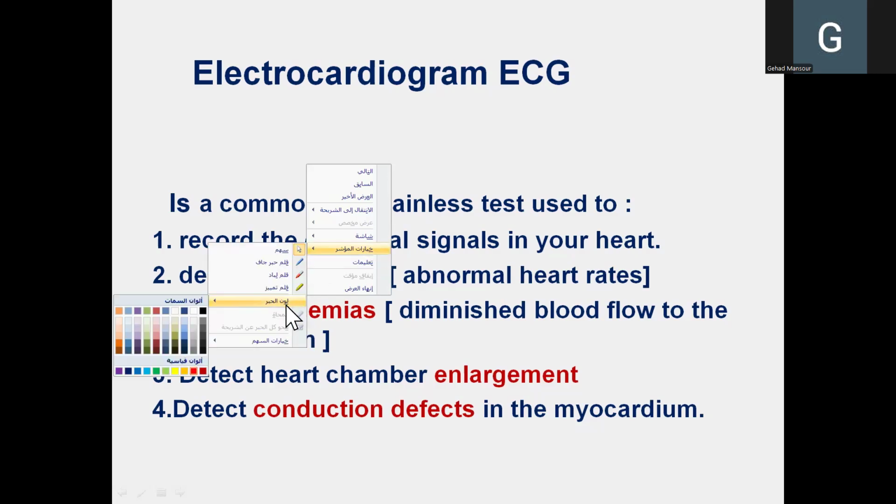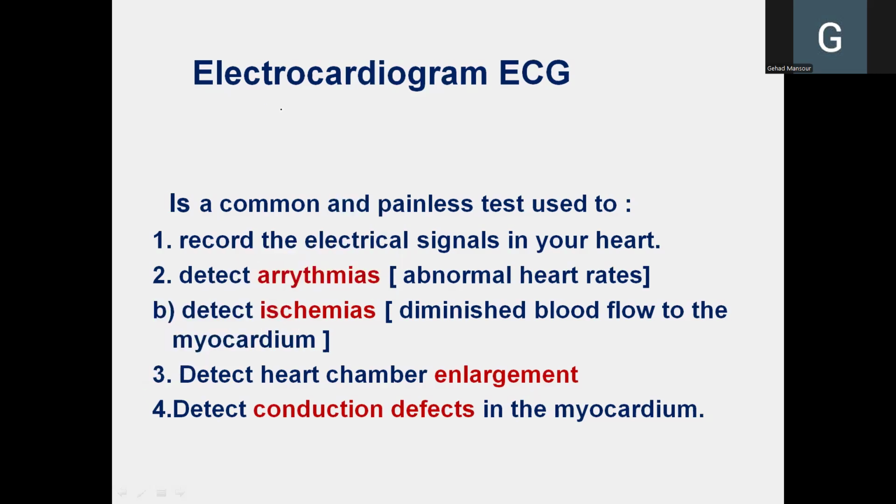So the electrocardiogram is a device used to record the electrical activity of the heart. You obtain that recording in the form of a strip of paper, and on that strip you can see the different waves of the tracing being repeated.